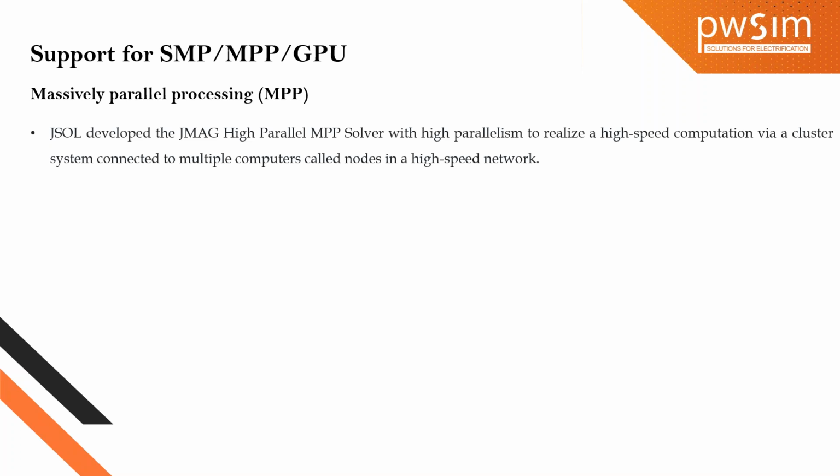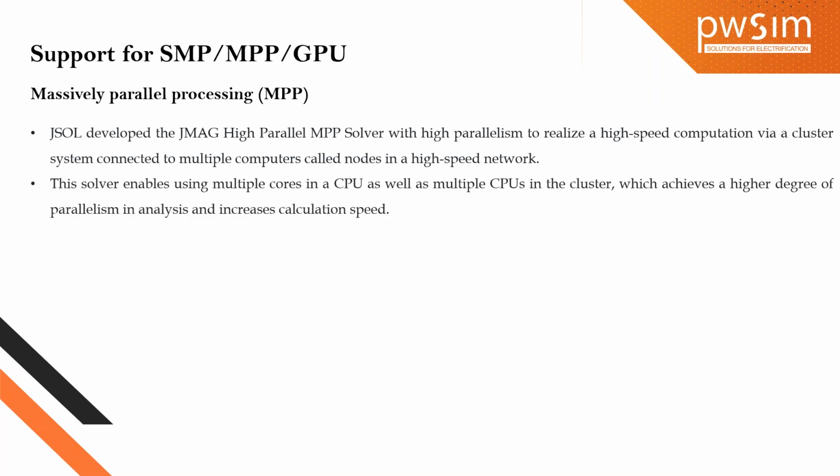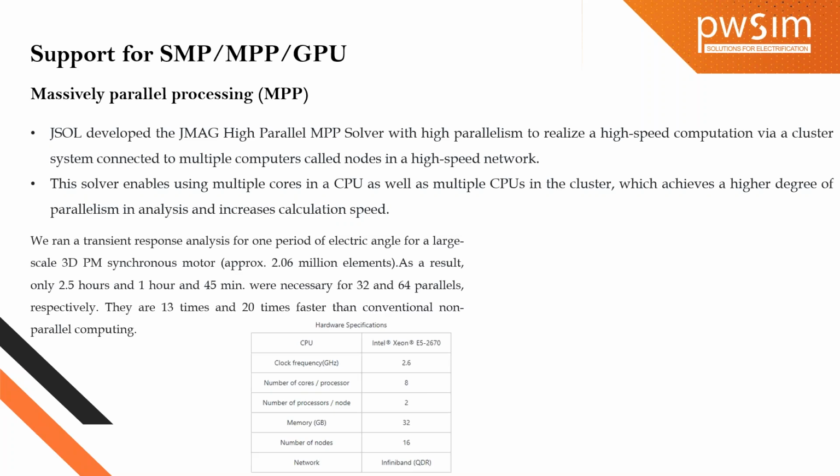Each computer has a number of cores that can be utilized as per the MPP usage. It enables using multiple GPUs as well as multiple CPUs in a cluster, which achieves a high degree of parallelism in analysis and increases calculation speed as well.